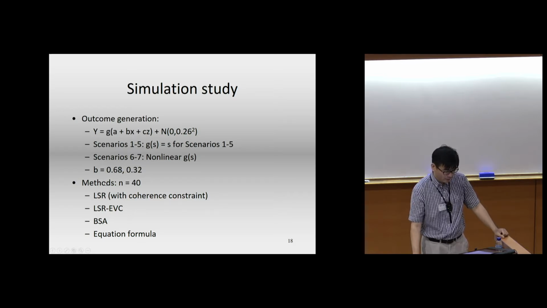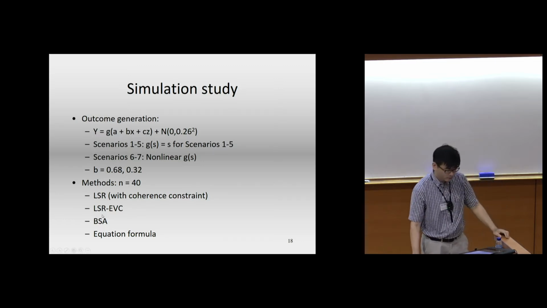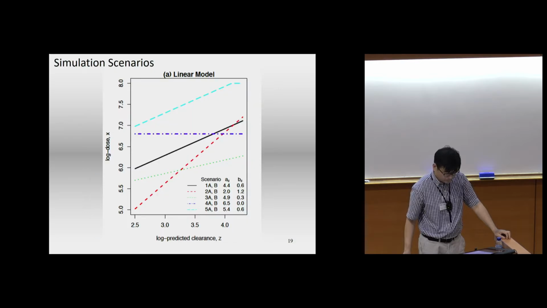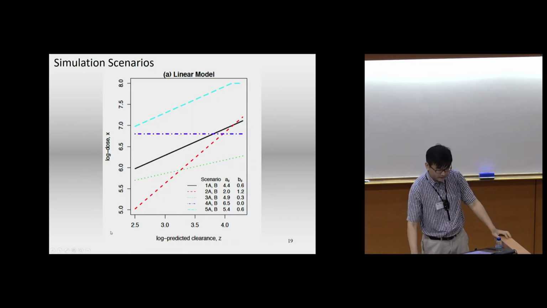And we're comparing 4 methods with a sample size of 40. The first is the original least square recursion without the consistency constraint. The second is the method that we propose, least square recursion with the eigenvalue constraint. Then the body surface area formula, and then the dosing equation in the original proposal. So these are the different dosing algorithms under different scenarios.